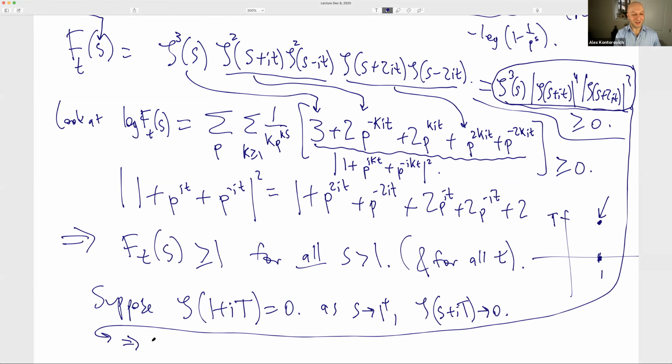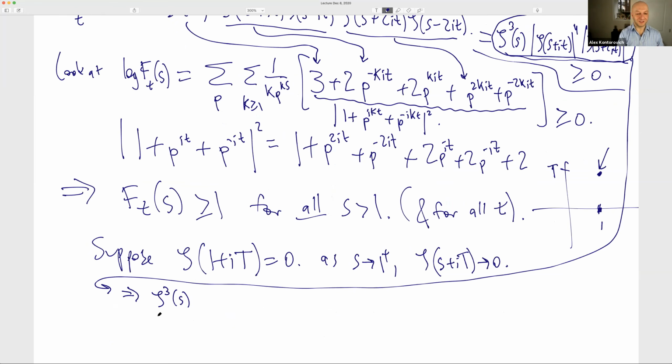That would imply zeta cubed of s... Now this has a pole of order... This is a pole. Okay, let me write it first. Zeta of s plus iT for this hypothetical value, iT to the 4th, and then a zeta of s plus 2iT squared. This has a pole of order what?